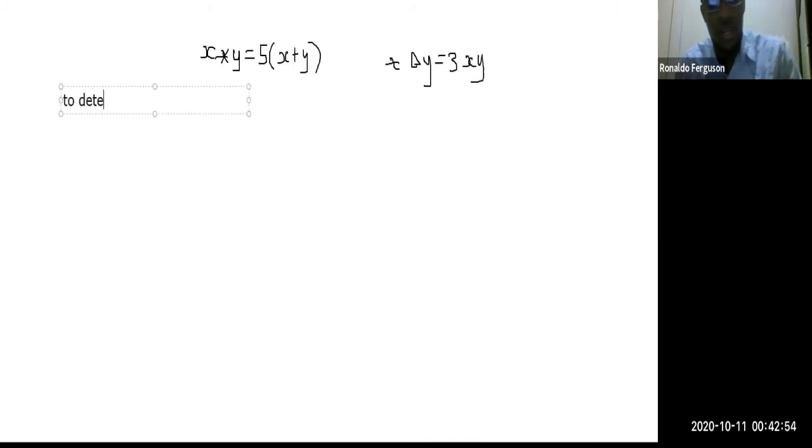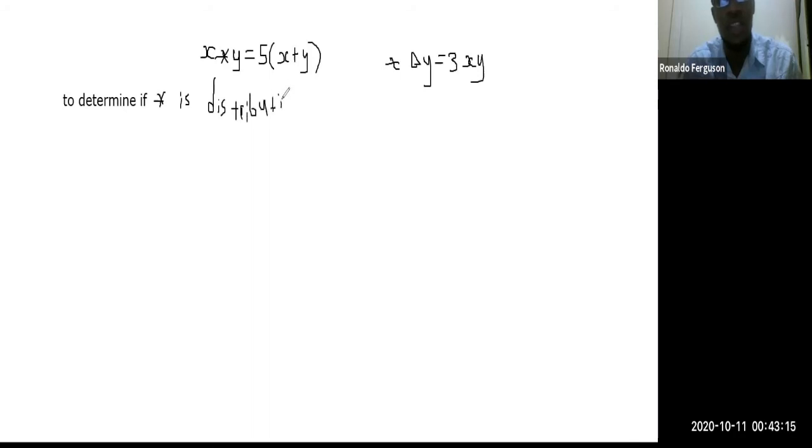Let's determine if star is distributive over delta.